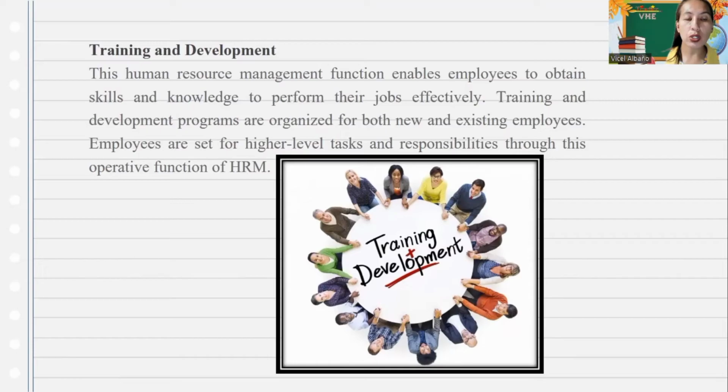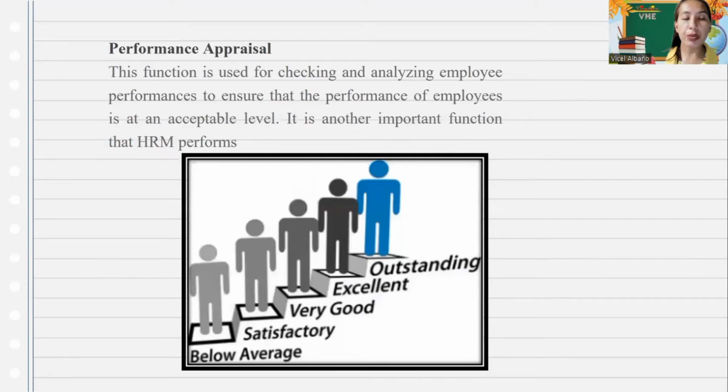Employees are prepared to take on higher level tasks and responsibilities through this operative function of HRM. Performance appraisal. This function is used for checking and analyzing employee performance to ensure that the performance of employees is at an acceptable level. It is another important function that HRM performs.